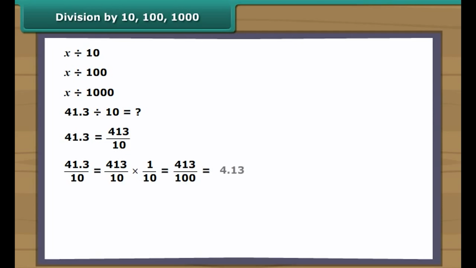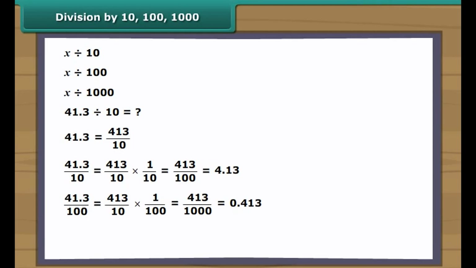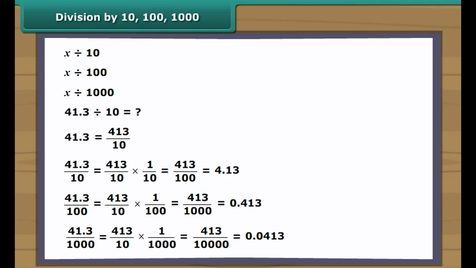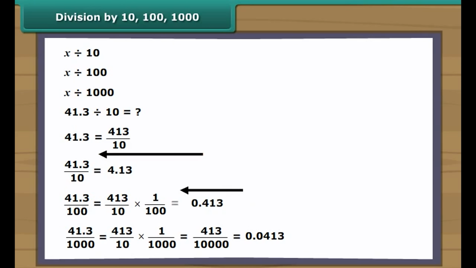This gives 413 upon 100, which is equal to 4.13. Similarly, when we divide 41.3 by 100 and 1000, we get 0.413 and 0.0413 respectively.